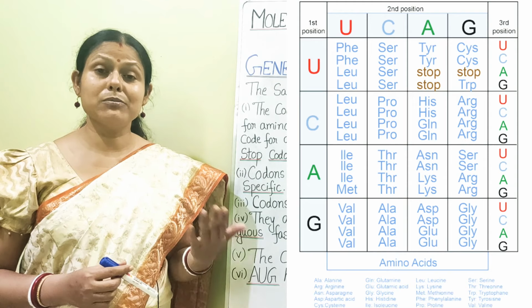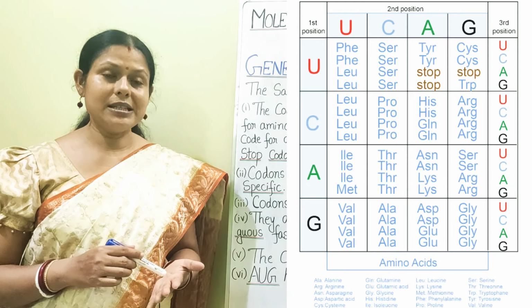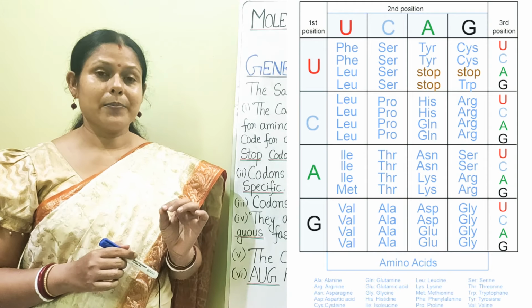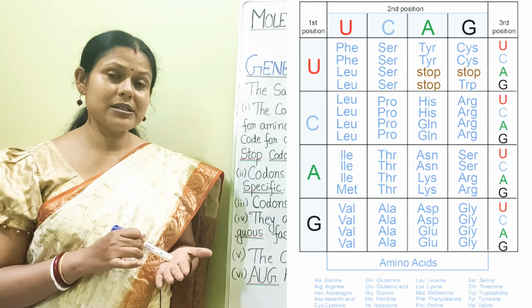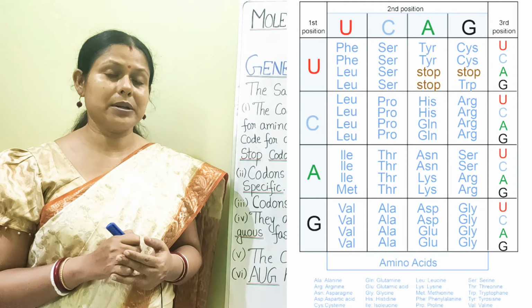Although these were more, because for 20 amino acids there were 64 base sequences, he said these base sequences must be in the form of triplet.